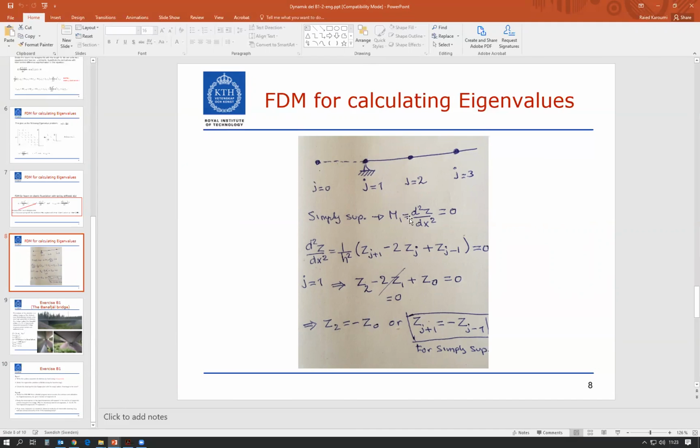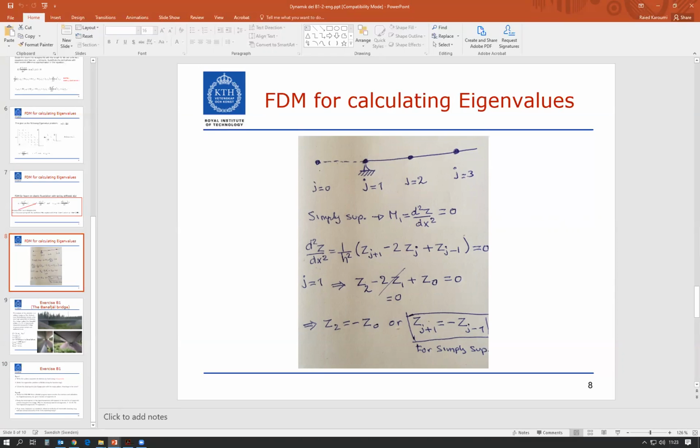You have a zero moment, M6 is equal to 0. In the same way, you replace the derivatives and you will get the equation saying that Z6 is equal to minus Z4. Okay? You should try this on your own, and you will see that it works out the same.